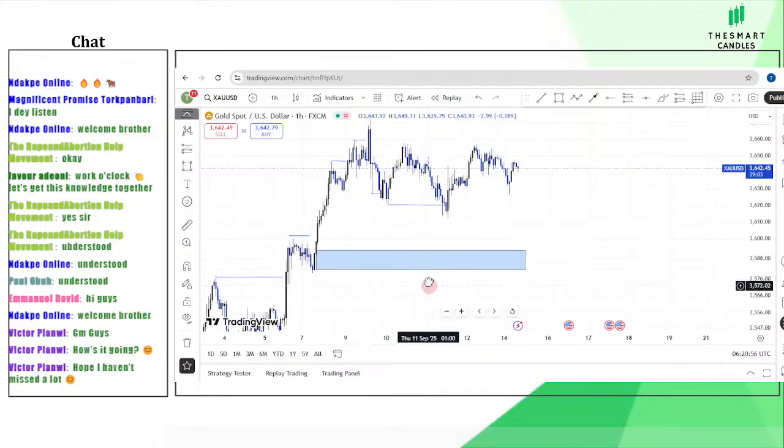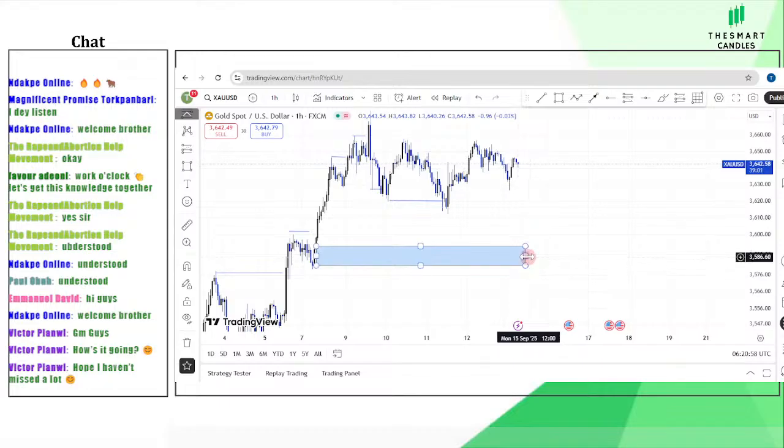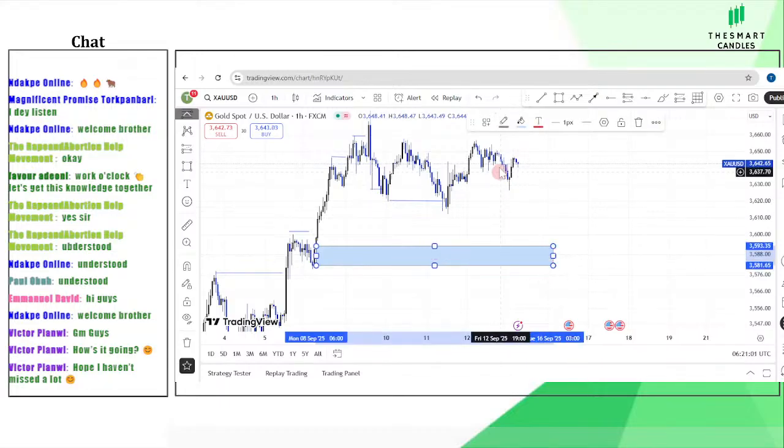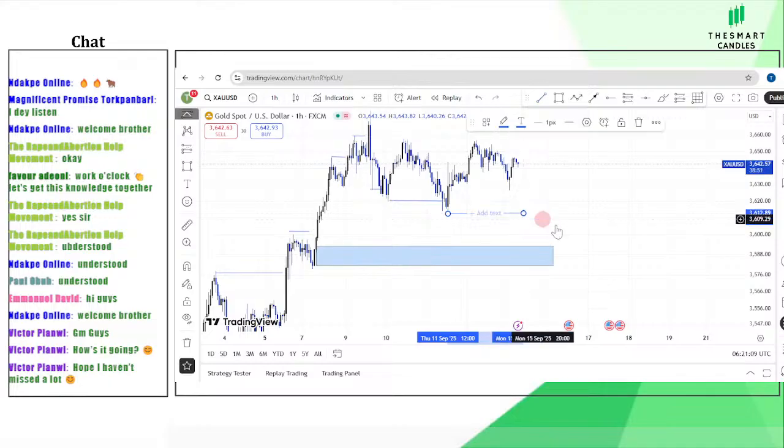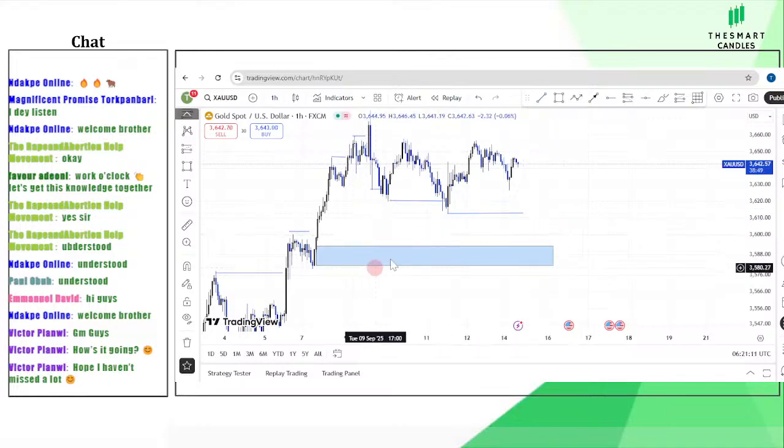This is where we want to see price come back to give us a buy entry. This is our inducement sitting here. And why are we taking our trade from this zone? You can see we have a nice push to the upside, which shows you there is momentum sitting within this zone.